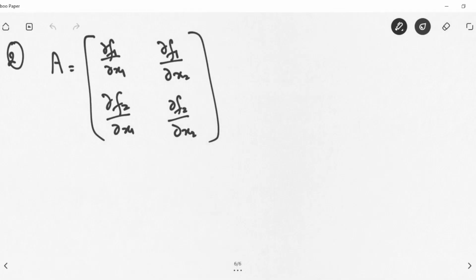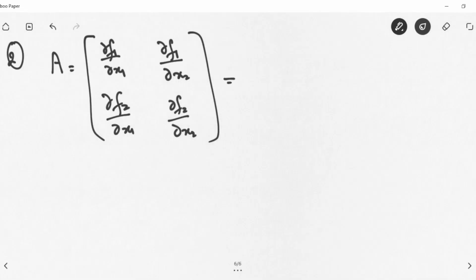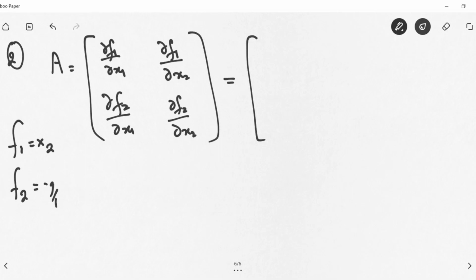So del f1 by del x1 means differentiation of x2 with respect to x1, where f1 is x1 dot equal to x2, and f2 is x2 dot equal to minus g by L sine of x1.